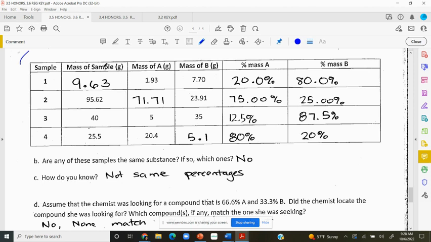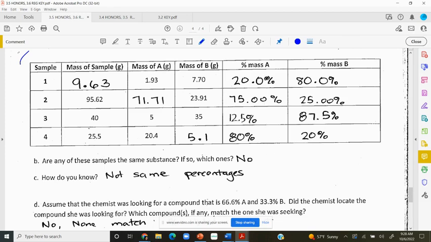Now here, we didn't give you the whole. How did you figure it out? Yeah, we added the 2 parts together to get the whole. Here we gave you the whole and we gave you one of the parts. How did you find out the other part? Subtract it. Okay. And then for all of these, it's just the part divided by the whole. They're asking you here if any of the samples are the same ones.